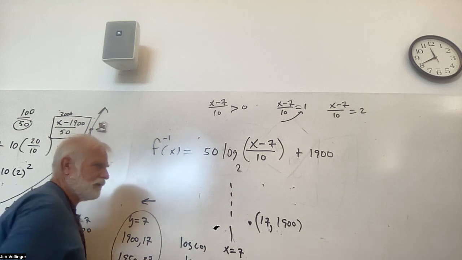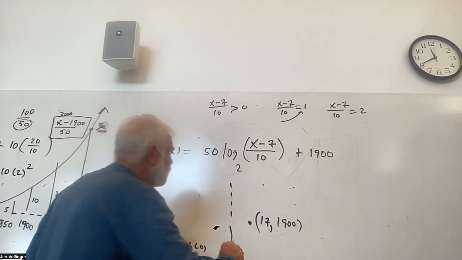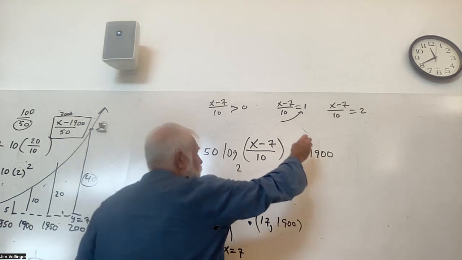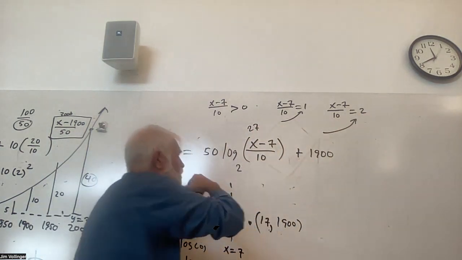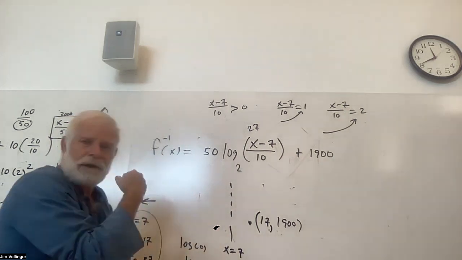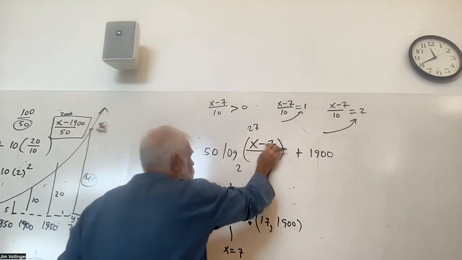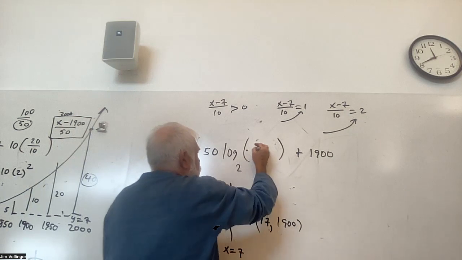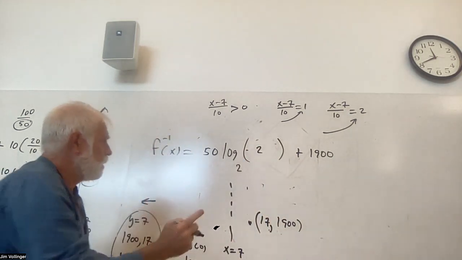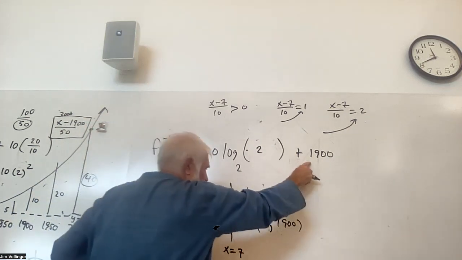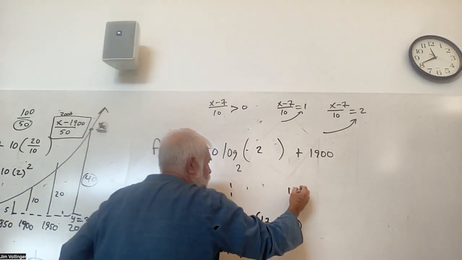That's the exponential activity. So 10 times 2 is 20, plus 7 is 27. And 27 minus 7 is 20, and 20 divided by 10 is 2. And what do I put on top of a 2 to get a 2? A 1. And 1 times 50 is 50, plus 1900 gets me 1950.